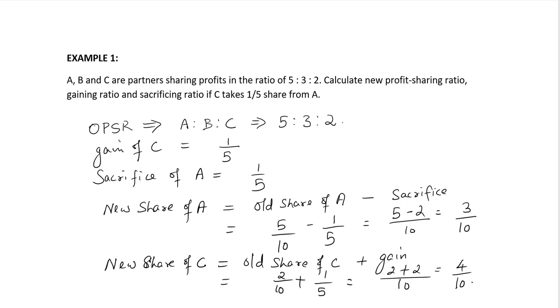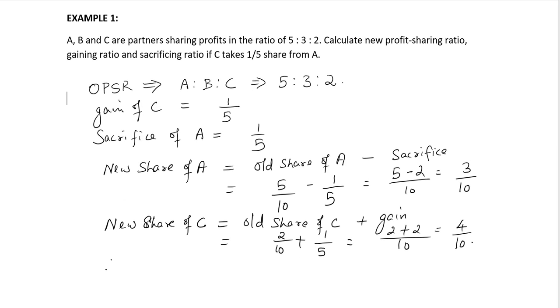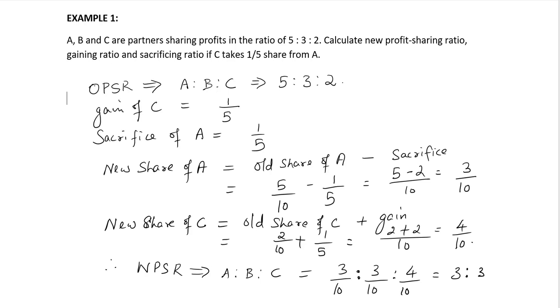Therefore, NPSR between A, B and C is equal to 3/10 is to B's share remains the same as 3/10 and C share becomes 4/10, which is equal to 3:3:4.